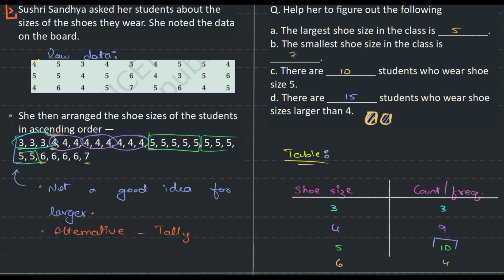We can't have just things being in raw data. We can't have things being just in ascending or descending order. A table always helps. A tally made table is much faster. So in place of tally, if we have such an arrangement, that is also good. But yeah, making this list itself is tedious. It's difficult.